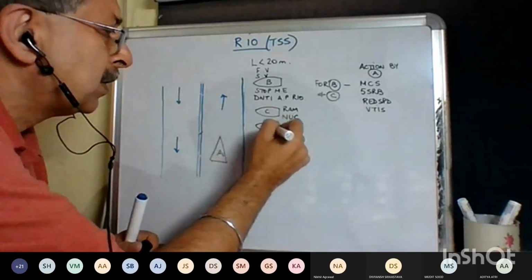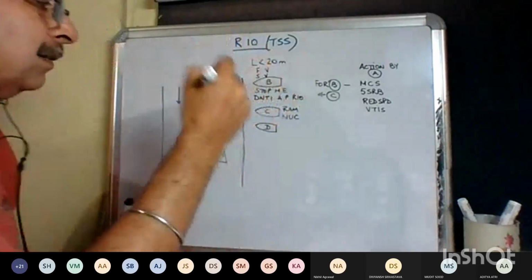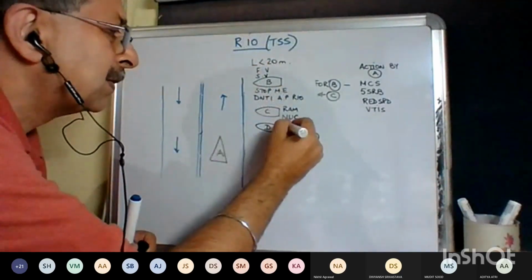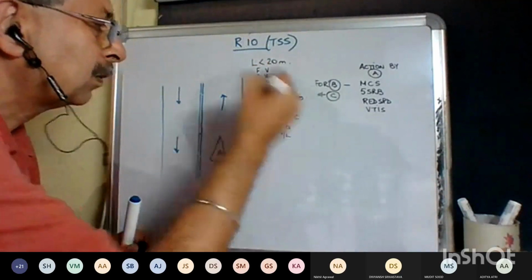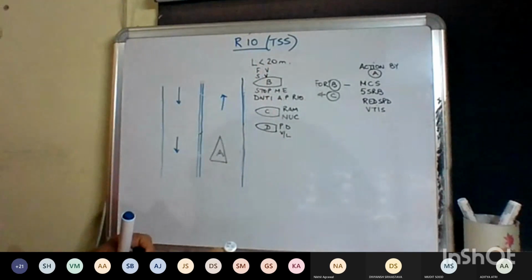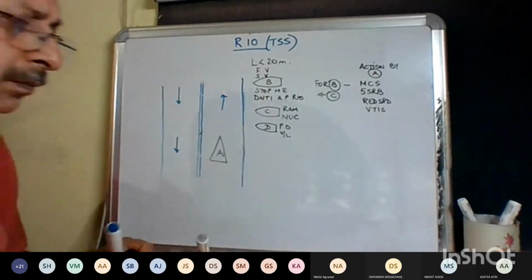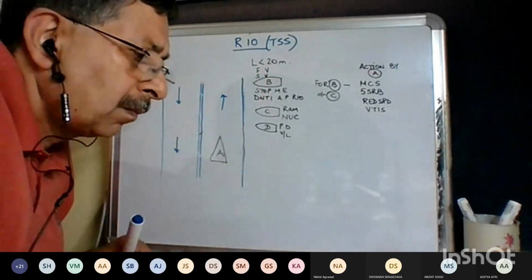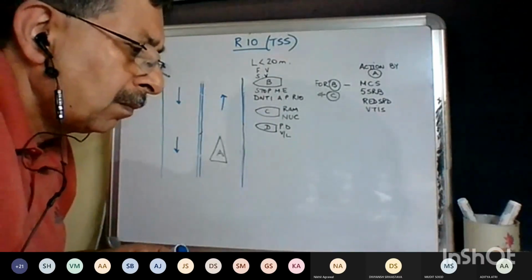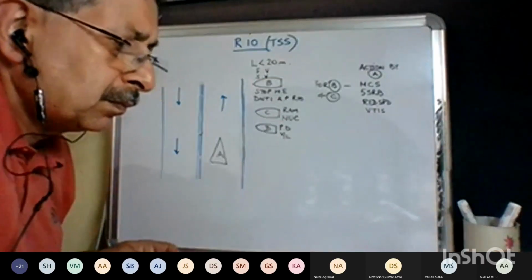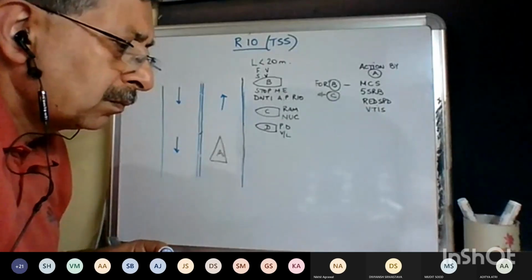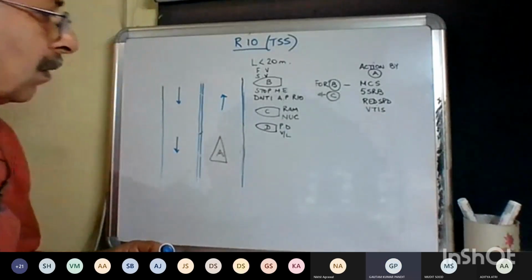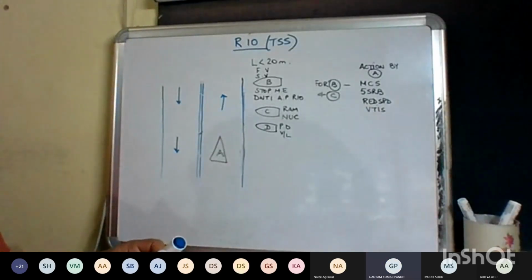Supposing this is vessel Delta and she's a power-driven vessel. Alpha, sir. Maintain course and speed.